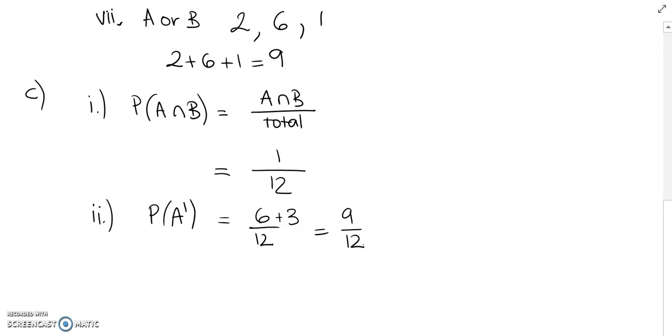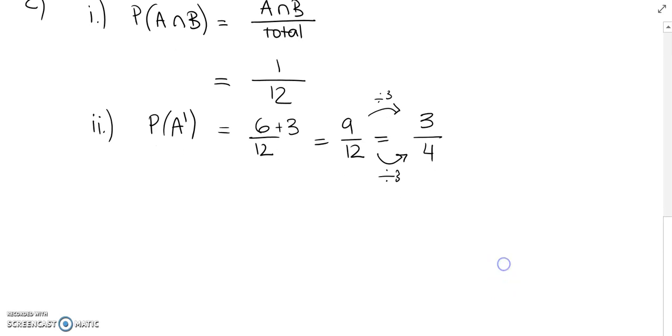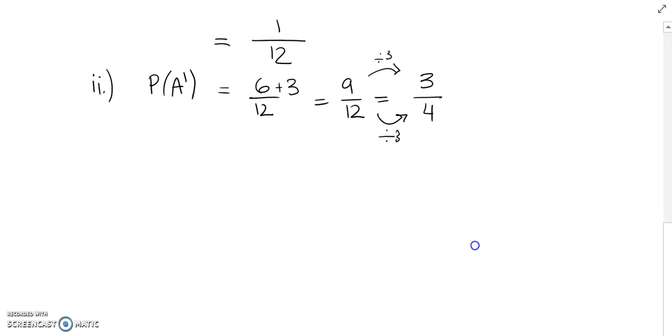I can simplify this fraction by dividing by 3 on top and bottom. 9 divided by 3 is 3, and 12 divided by 3 is 4.